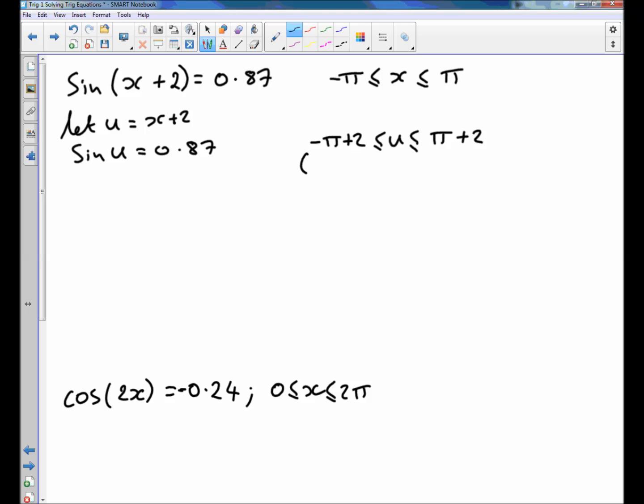So that's roughly minus 1.14 up to 5.14, thereabouts. Okay, so principal solutions. u is going to be the inverse sine of 0.87. So u is going to be 1.0552.